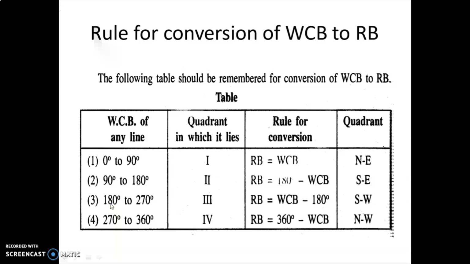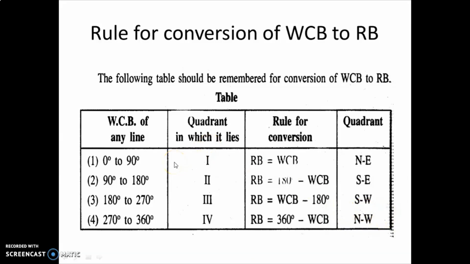Suppose WCB of a line lies in 180 to 270 degrees, which is the third quadrant. What is the rule of conversion? RB is equal to WCB minus 180. Quadrant is southwest. In the same way, suppose WCB of any line lies in 270 to 360 degrees, which is our fourth quadrant. The rule for conversion is RB is equal to 360 minus WCB. Quadrant is northwest.